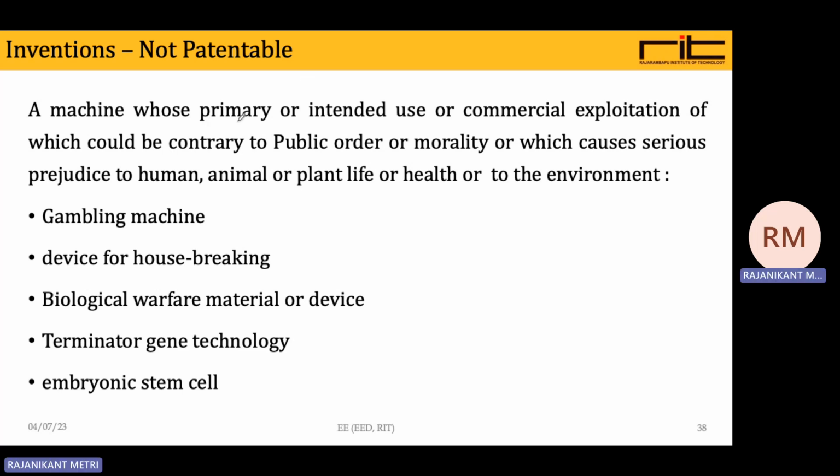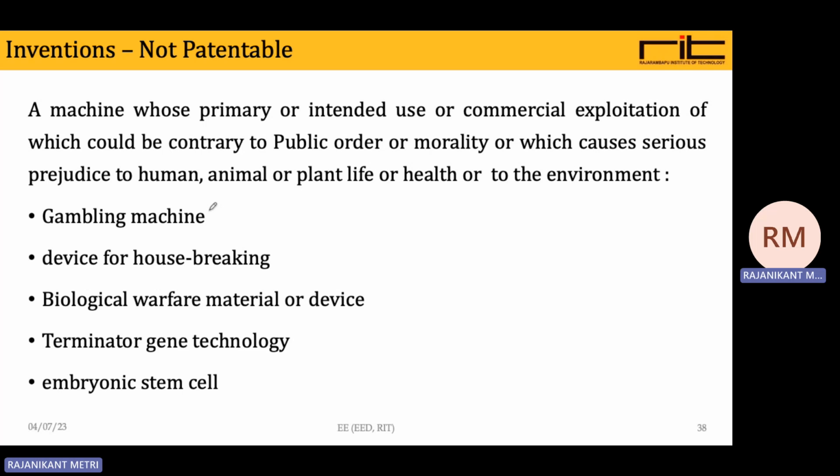Then a machine whose primary or intended use, or commercial exploitation of which, could be contrary to public order or morality, or which causes serious prejudice to human, animal or plant life or health, or to the environment. Such things also can't be patented.